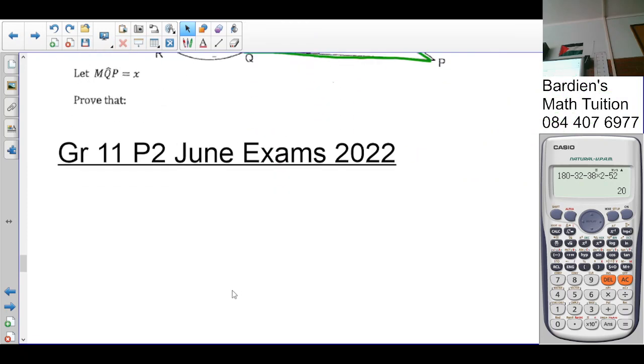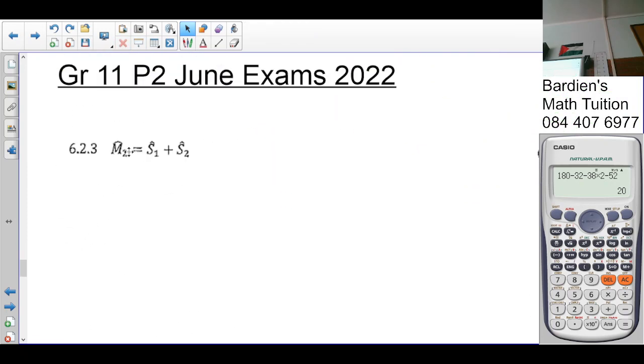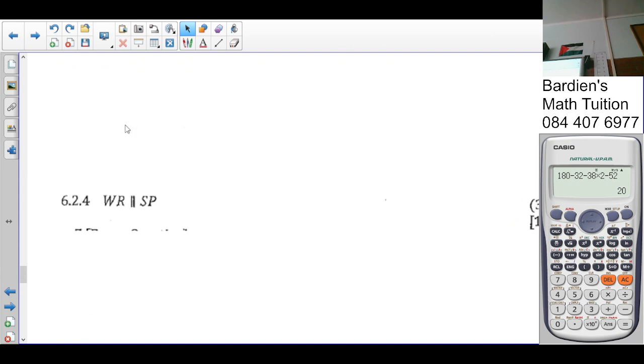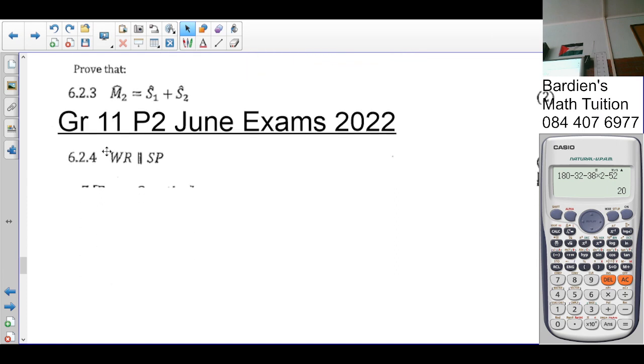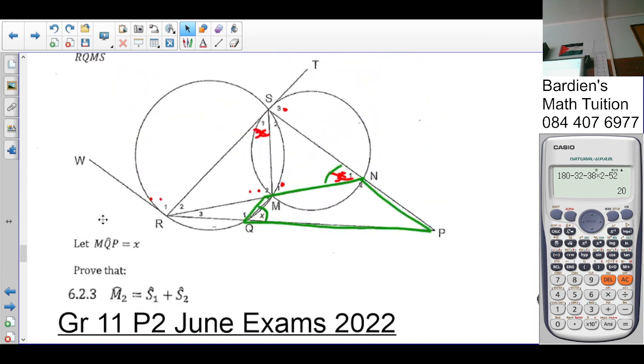The next question, 6.2.3. They want you to prove that M2, so this one here, is equal to S1 plus S2. But we know that angle M2 is equal to x plus S2. Why?